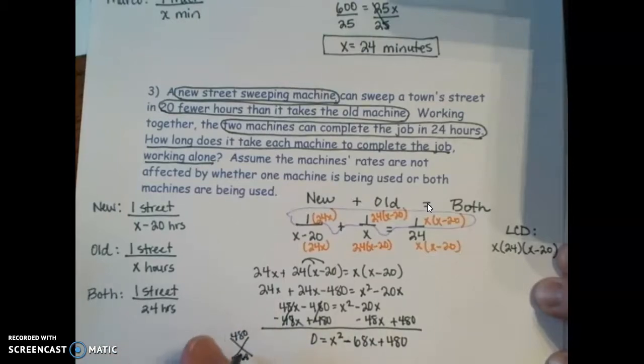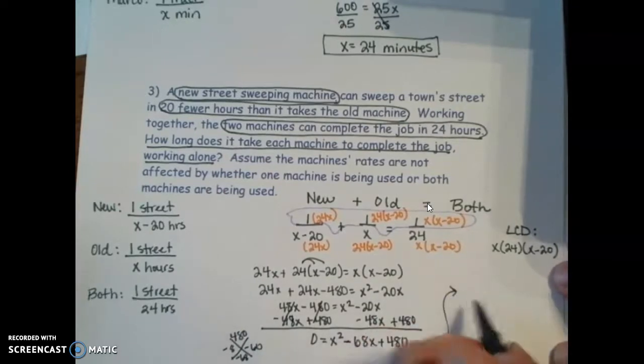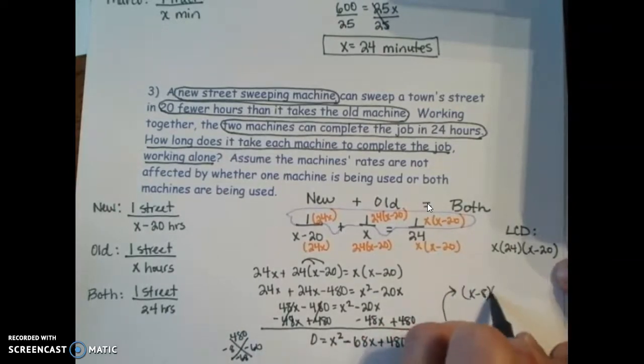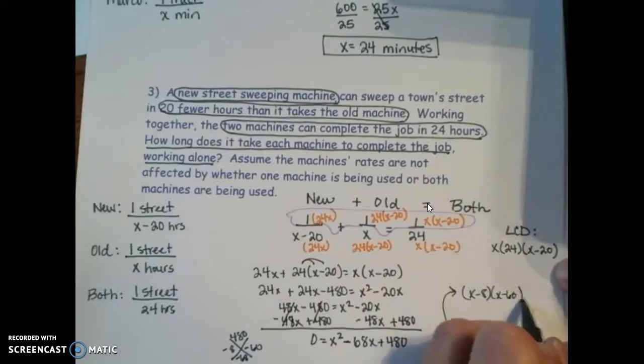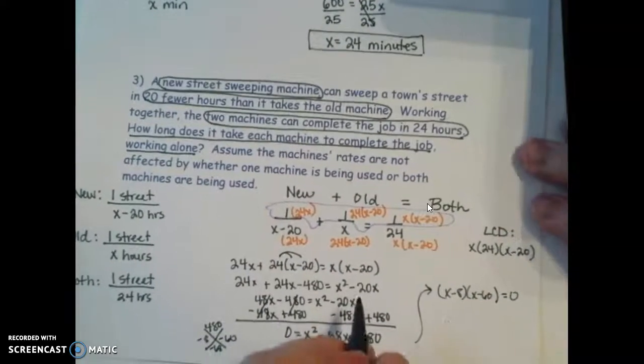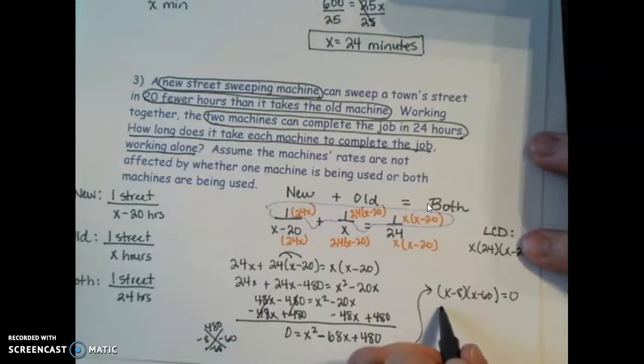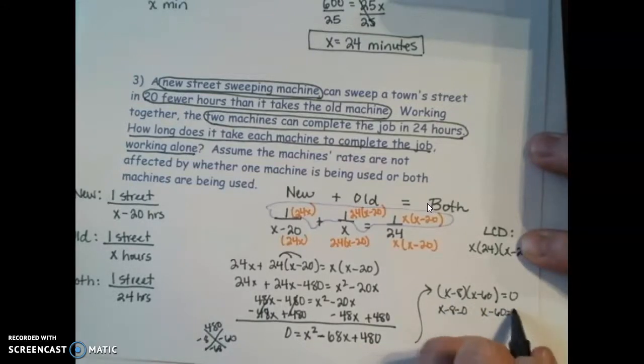So factors of 480 that are going to add to negative 68 are going to be negative 8 and negative 60. So I'm going to come up here with this, and we're going to have x minus 8 times x minus 60 equals 0. So again, you would set each piece equal to 0 and solve. So we got x is 8 and x is 60 when we solve those.